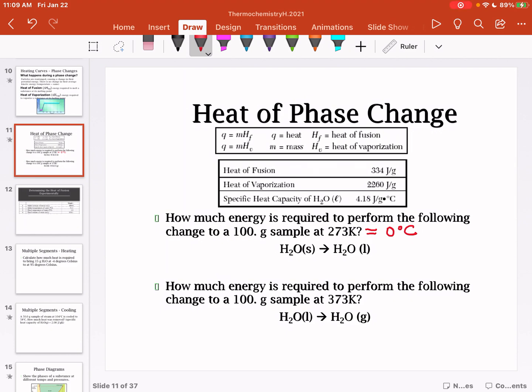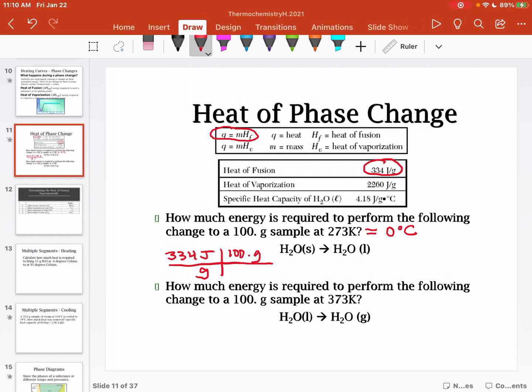So I have my two phase change equations to choose from, and so this one is going to be heat of fusion. So fusion is our F word for melting. So I'm going to choose that constant at 334 joules per gram. Since I'm solving for joules, I'm going to run that constant as it is, and I have a 100 gram sample.